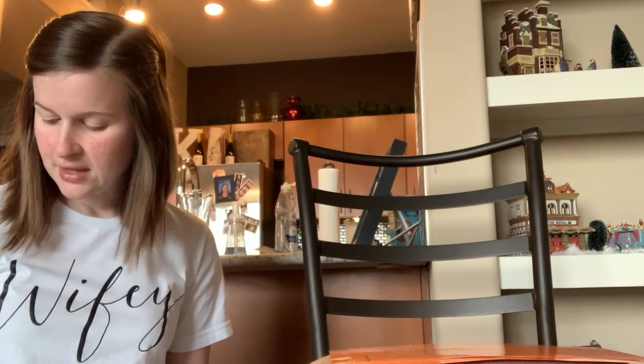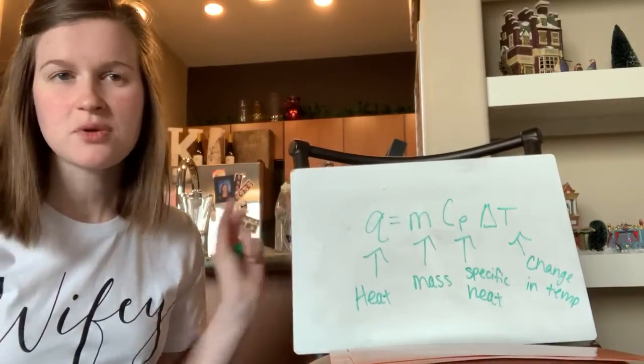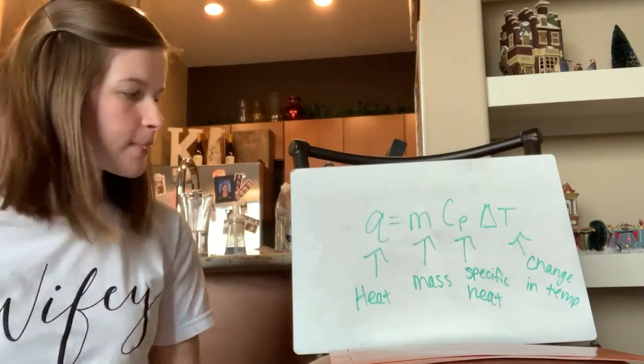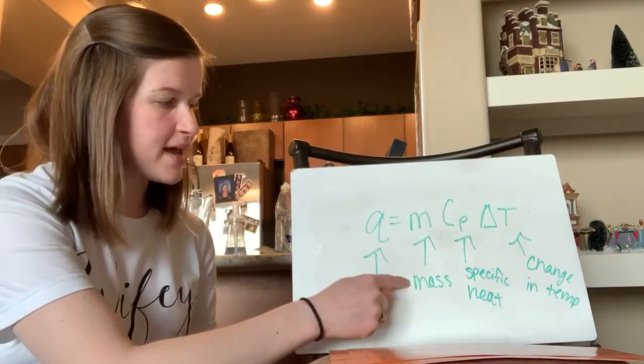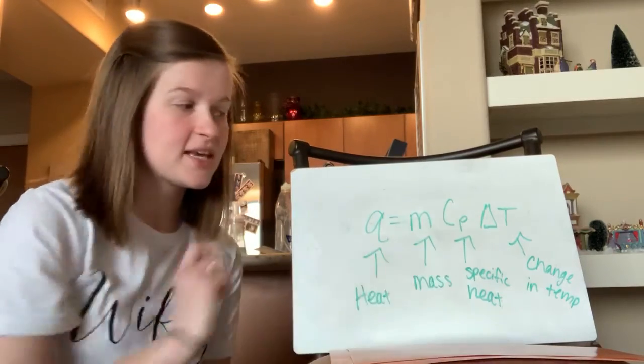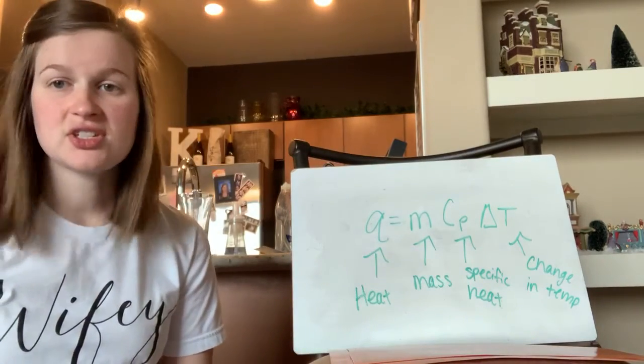So this is change in temperature. We always have a beginning temperature and a final temperature. So Q is heat, m is mass, Cp is specific heat, and delta T is the change in temperature.